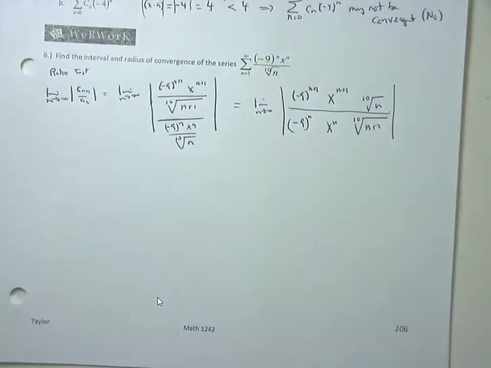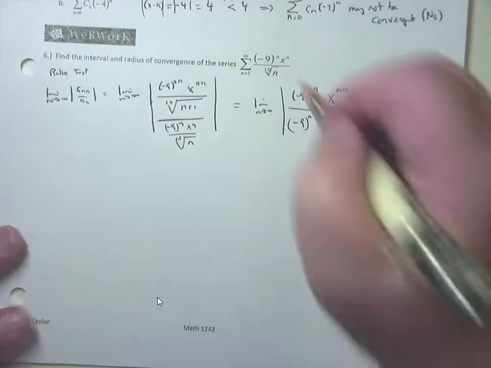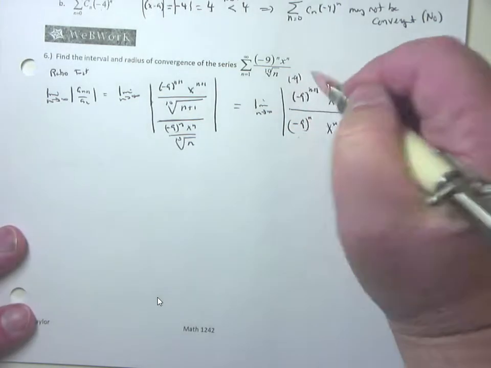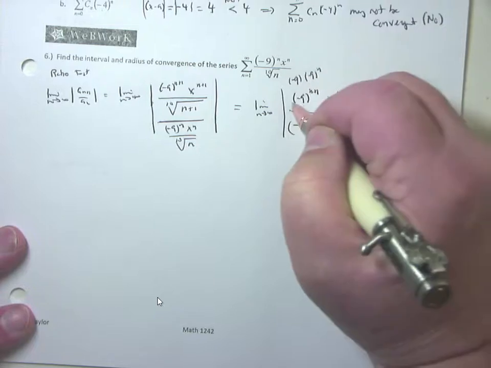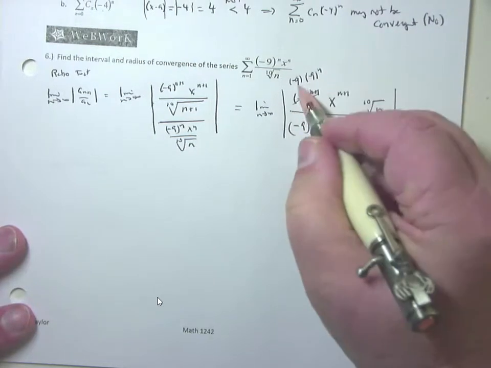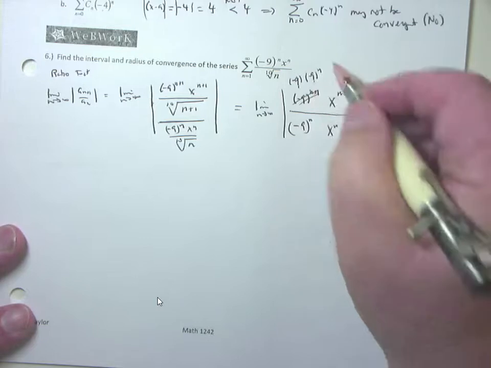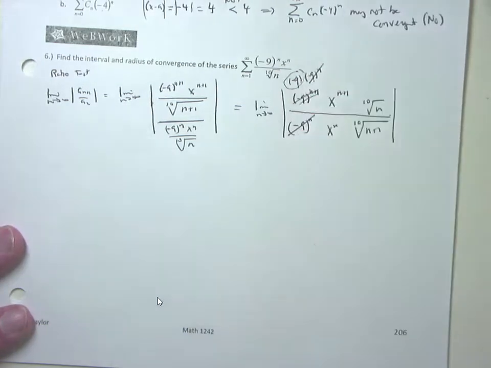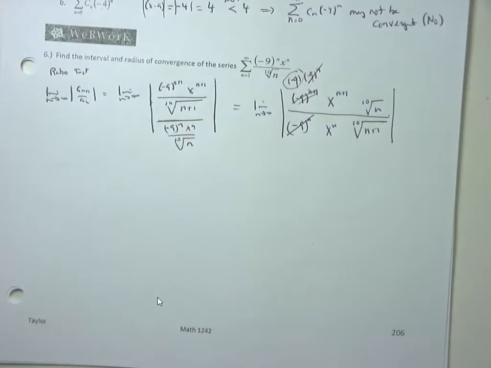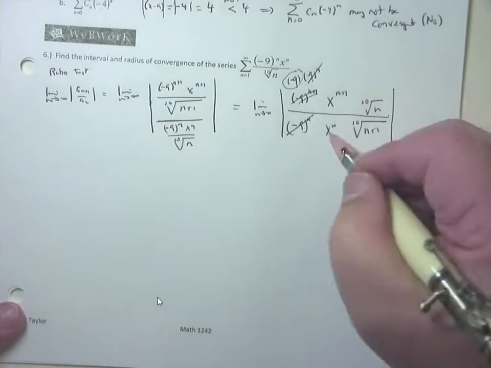Now, bunches of stuff cancels here. What cancels? Well, your negative 9 to the n plus 1 is the same thing as negative 9 times negative 9 to the n. So it turns into negative 9 times negative 9 to the n, and negative 9 to the n cancels with negative 9 to the n. So you're left with negative 9 already, and we'll clean it up in just a second. X to the n plus 1 divided by x to the n.